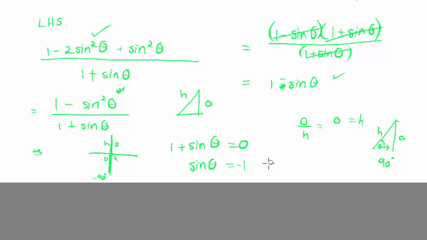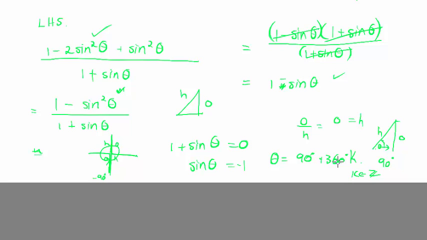Okay, so for which values is it undefined? For theta equal to 90 degrees, and every time it reaches 90 degrees again, so plus 360 degrees times k, where k is an element of Z. That just means that I'm adding a rotation every time, or subtracting a rotation, it doesn't matter.